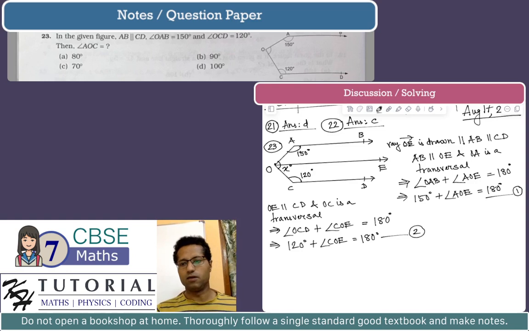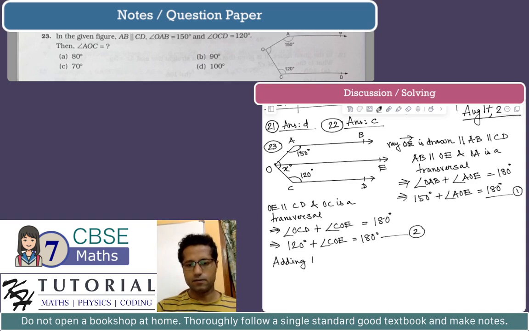Now if we add equations 1 and 2, I hope you are familiar with this kind of problem solving, where you have 2 or 3 equations and you add them so that you get a single equation where all the left hand side terms are the addition of the terms of the individual equations, and the right hand side is equal to the sum of all the right hand side terms of the individual equations.